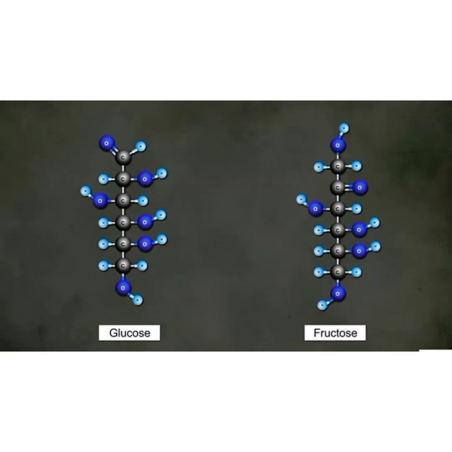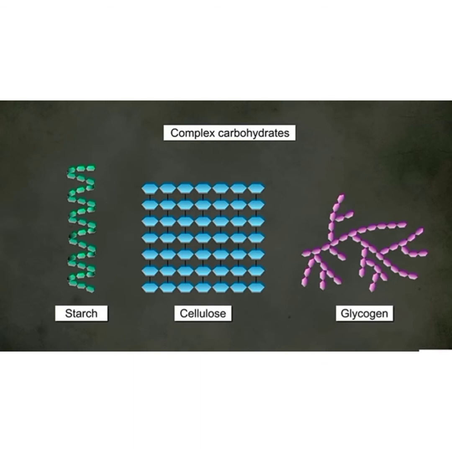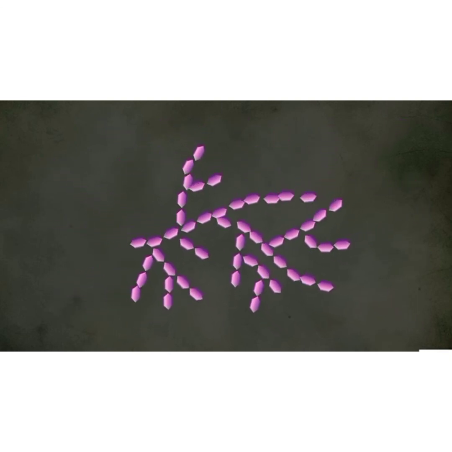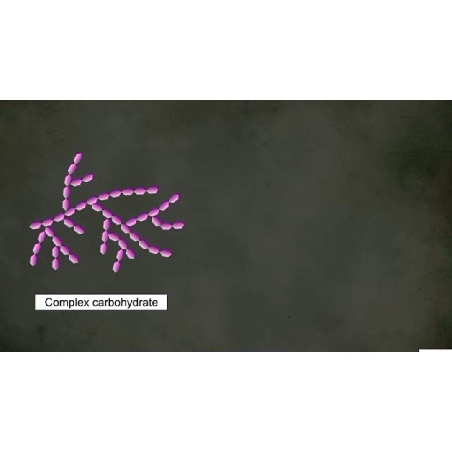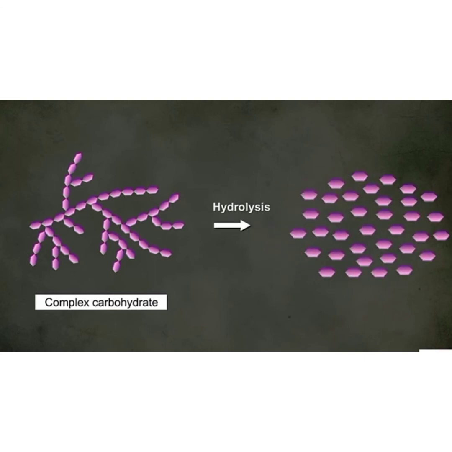Other than the simple carbohydrates, there are many complex carbohydrates as well. Complex carbohydrates are formed when many simple carbohydrates combine together. Therefore, when these complex carbohydrates are hydrolyzed, they break down and give their constituent simpler carbohydrate units back.